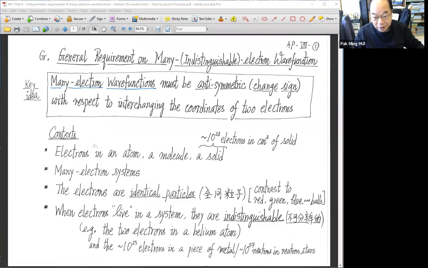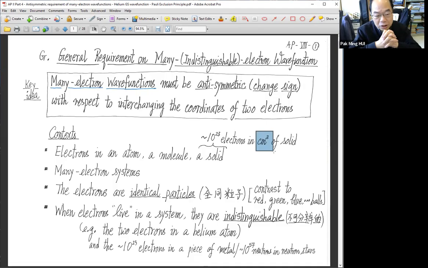And even if we have a piece of metal, 1 centimeter cube big, we can use experiments to look at the so-called lattice spacing or lattice constant. Then we can calculate the electron number in such a piece of metal. A standard number is something like 10 to the 22 to 23 order. That is a huge number of atoms in just a centimeter cube of metal.